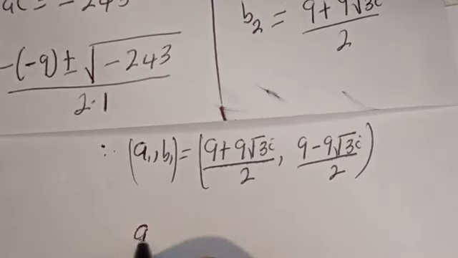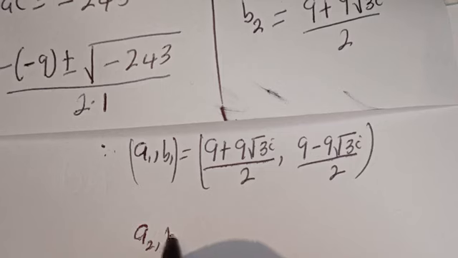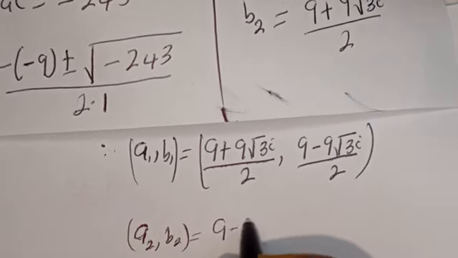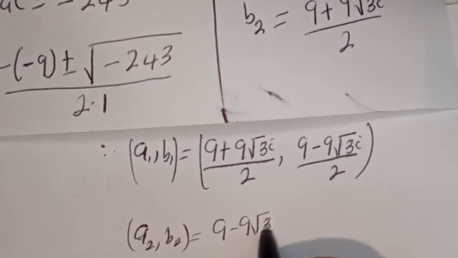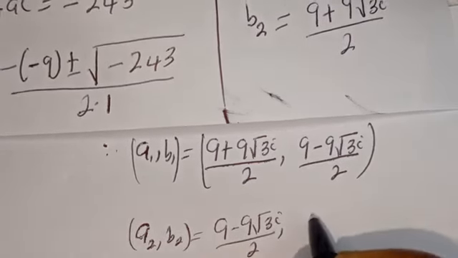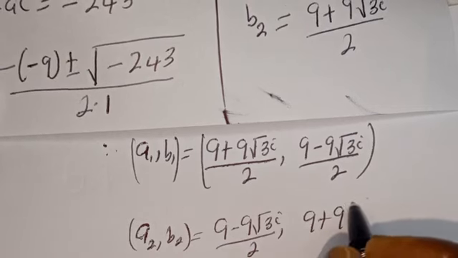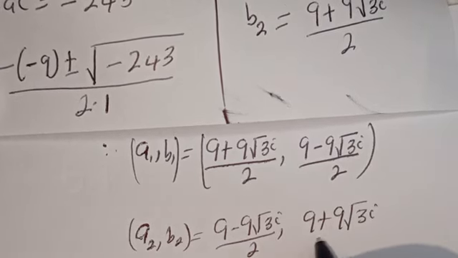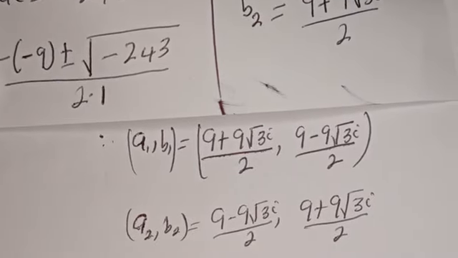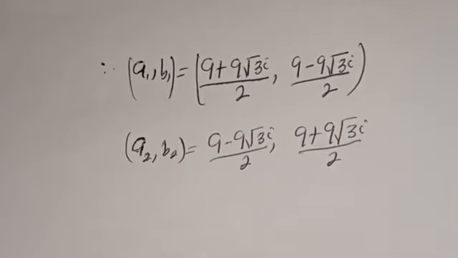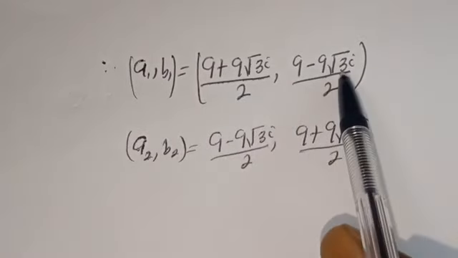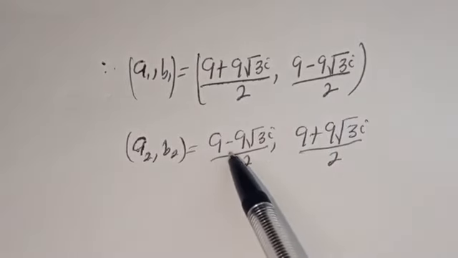Then a2, b2 is equal to 9 minus 9 root 3 i divided by 2, 9 plus 9 root 3 i divided by 2. We can see that a1 here is equal to b2 here, and b1 here is equal to a2 here.